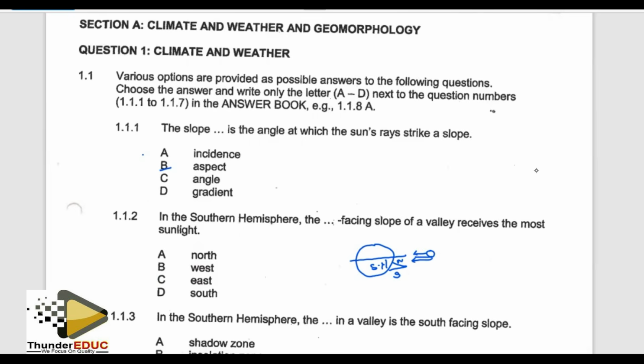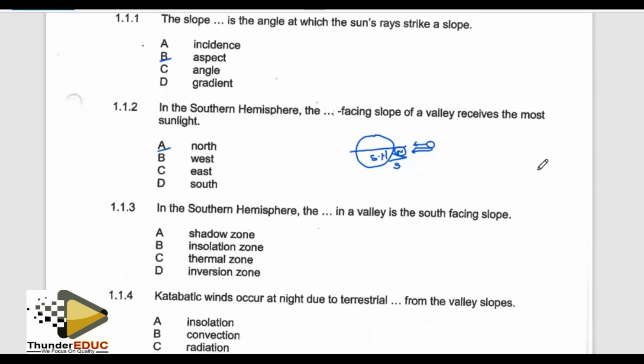So we go back to the question. The southern hemisphere, the dash facing slope of a valley receives the most sunlight, which will be the north facing side. For this case, answer will be A. 1.1.3, in the southern hemisphere, the dash in a valley is the south facing slope. That will be the shadow zone.